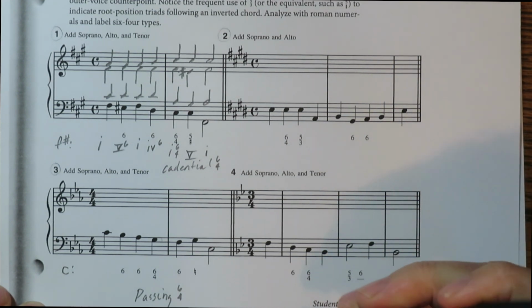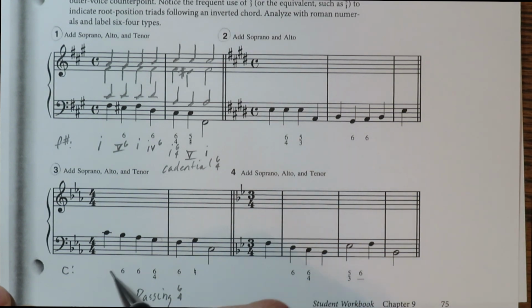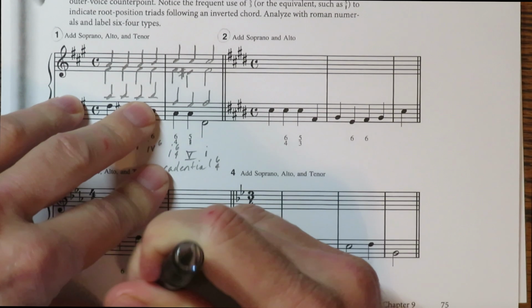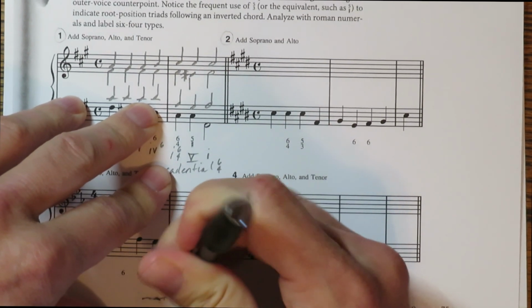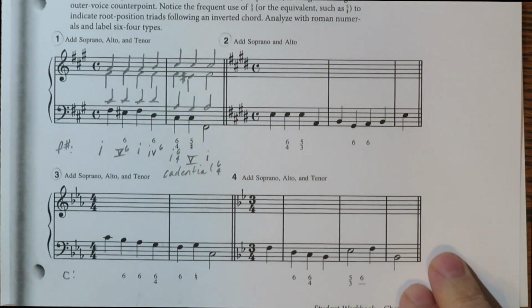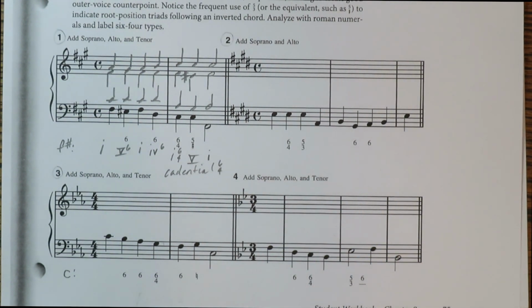And let's see, so I might have put this passing 6/4 a little high because we have to do the Roman numeral analysis, so I just wanted to show you that. So we'll put that back later after we do the analysis and fill in our chords.